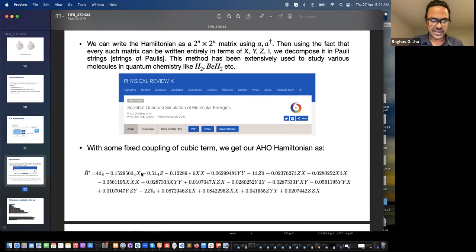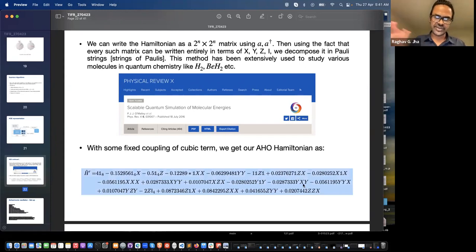These are the Pauli strings here, identity, XX, XZX, with different coefficients, and a bunch of them together. We can write a code where we enter the Hamiltonian and it throws out this decomposition, and that's straightforward to do. It's given in my article.